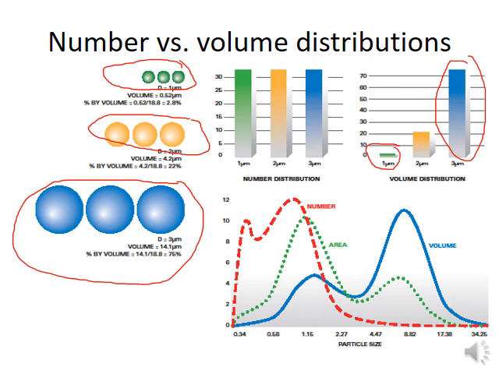Since the volume is related to the diameter cubed, it will be different than the area, which is related to the diameter squared, and will be different than looking at the particles as number only.